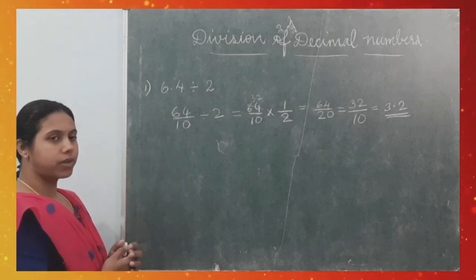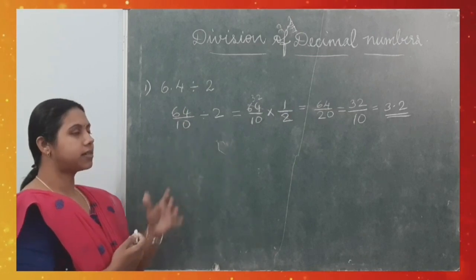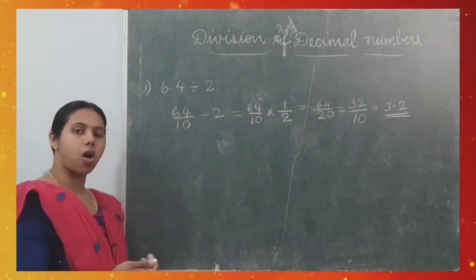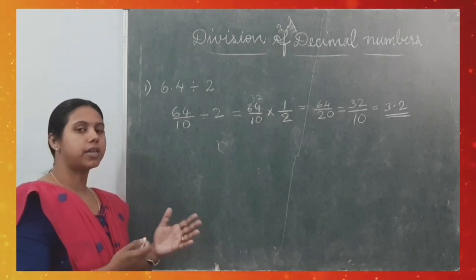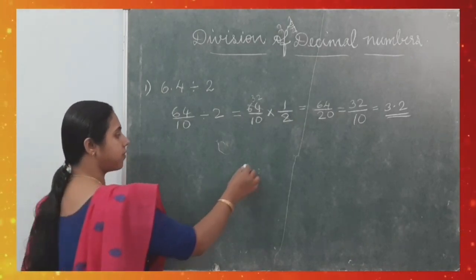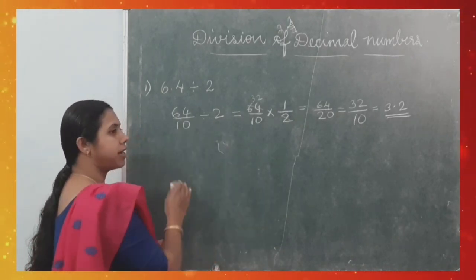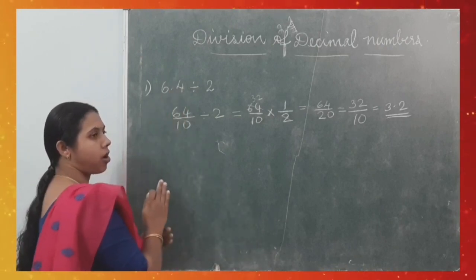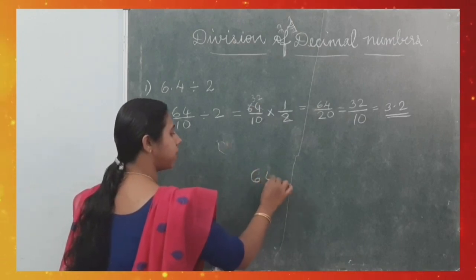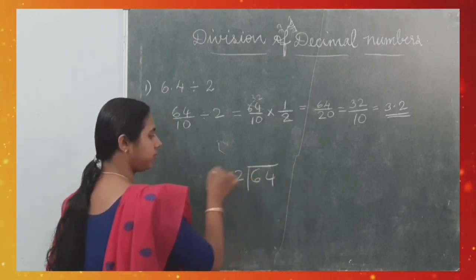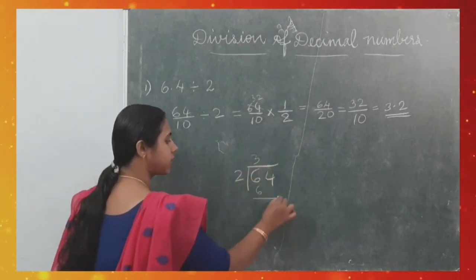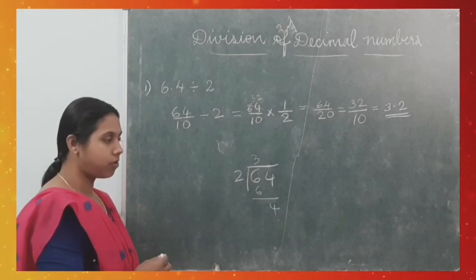Instead of doing this, you can directly divide. You just divide them as whole numbers, then put the decimal point in the quotient as in the decimal number. See, 6.4 divided by 2. Ignore this decimal point and divide them as whole numbers. So it will be 64 by 2. 3 2s are 6, remainder 4.